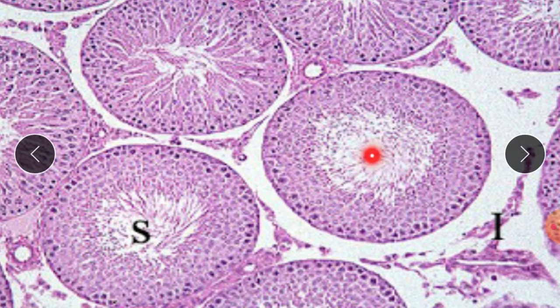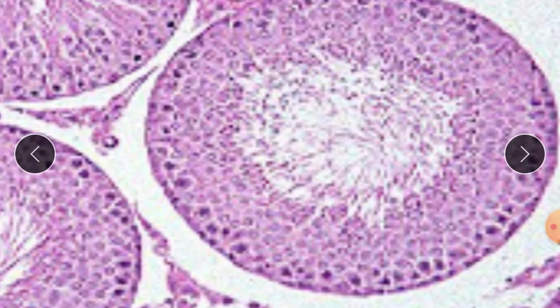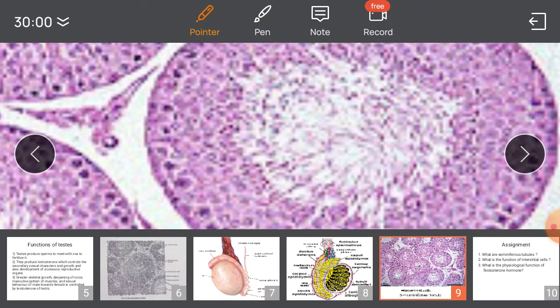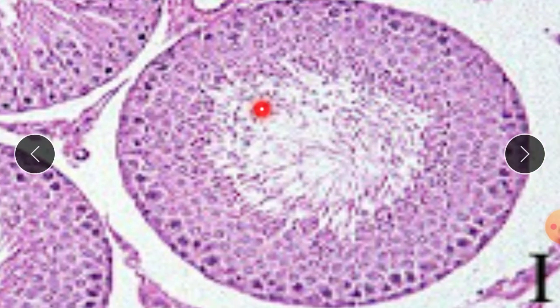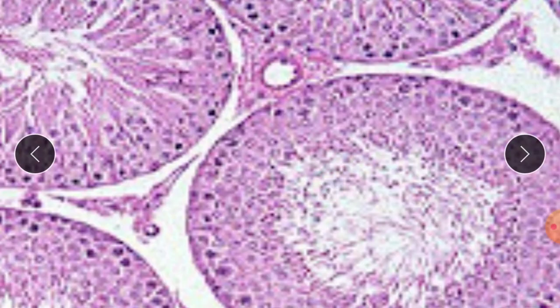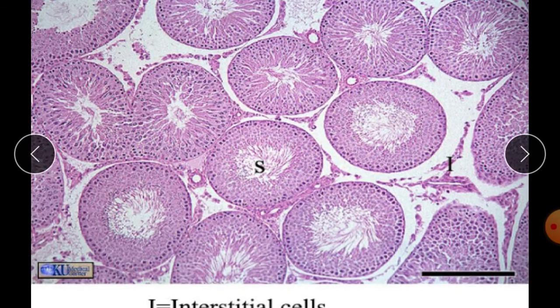These are sperms. Can you see here? Long tail-like structures you can see, very thin hair-like structures. These are sperms. This is the lumen of seminiferous tubule. So in section they are circular in outline.